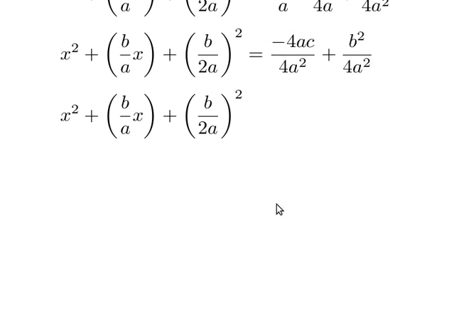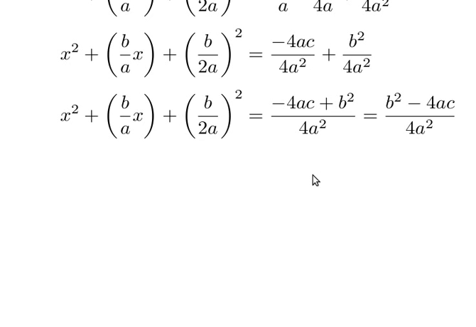Equals the fraction of negative 4ac plus b squared over 4a quantity squared. Or alternatively, I want to just rearrange this so we have, and I'm not going to do this on the second line, I'm just going to do it here, the fraction of b squared minus 4ac all over 4a squared.